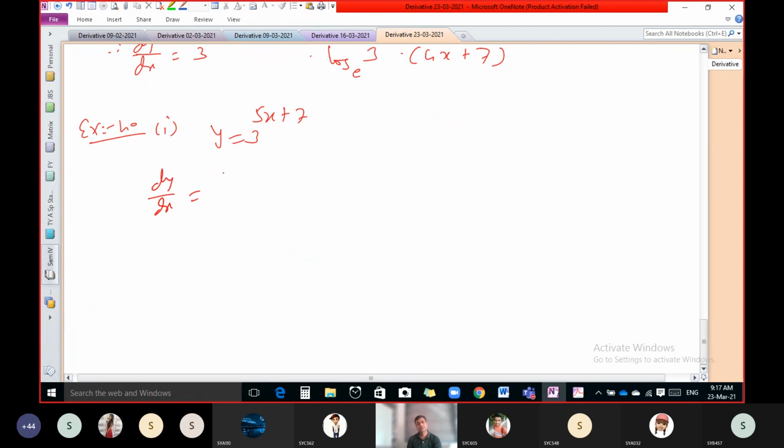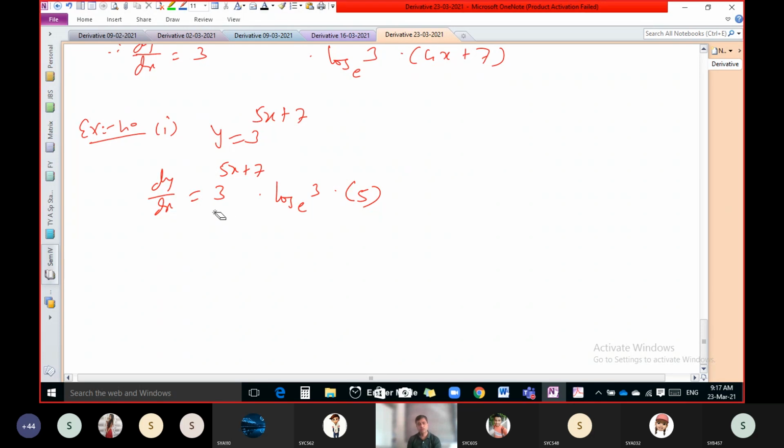Possible? 3 raised to, just think this is your u. 3 raised to 5x plus 7 into log 3 base e into the derivative of this numerator, that is 5. This is your one step answer.